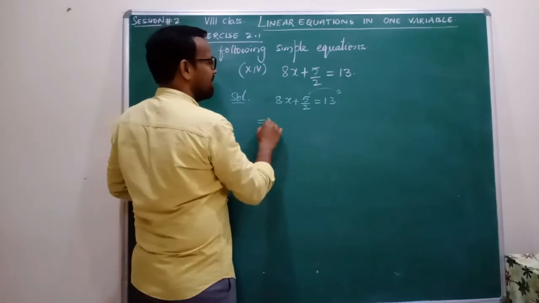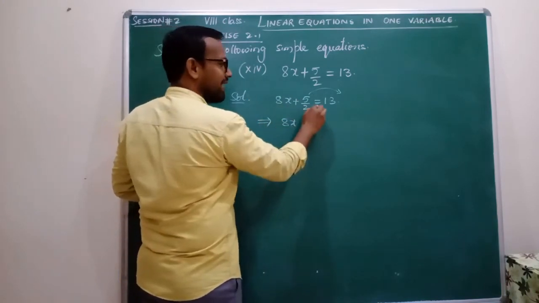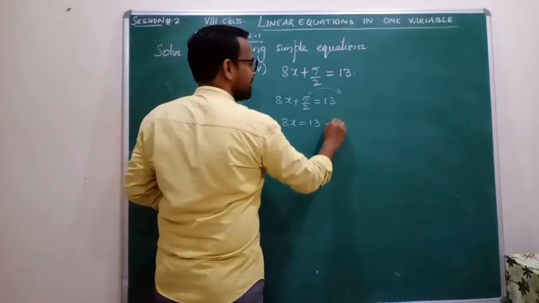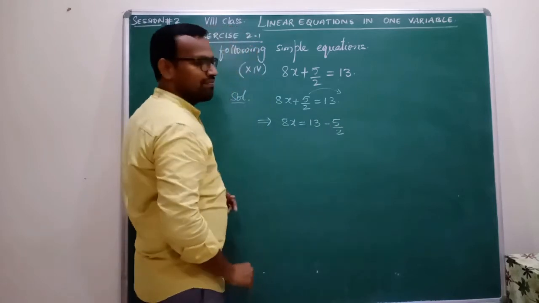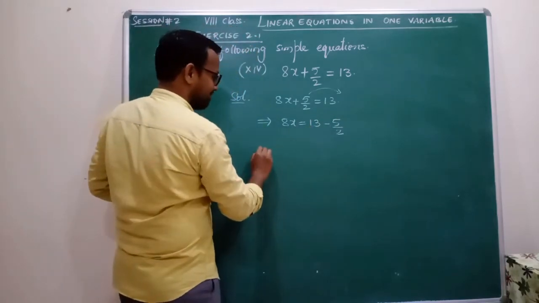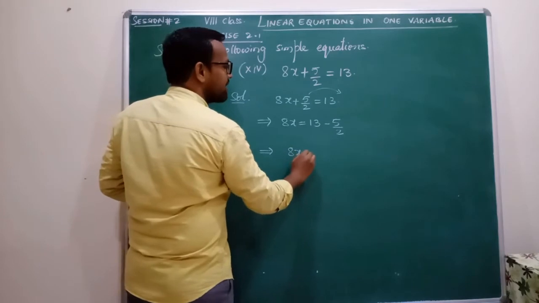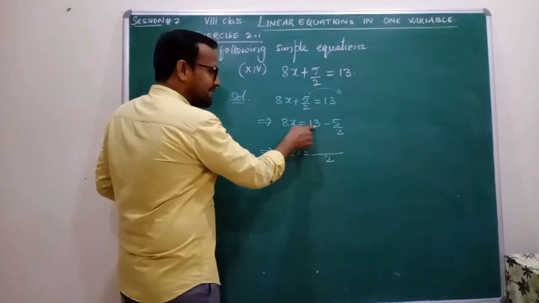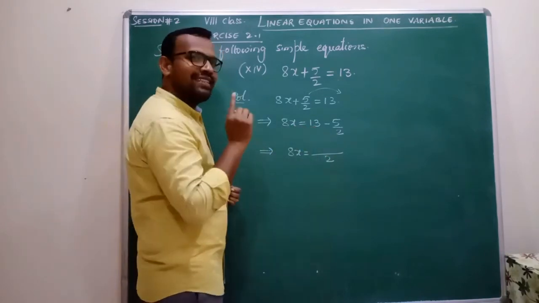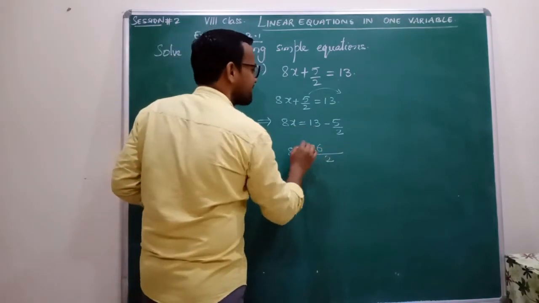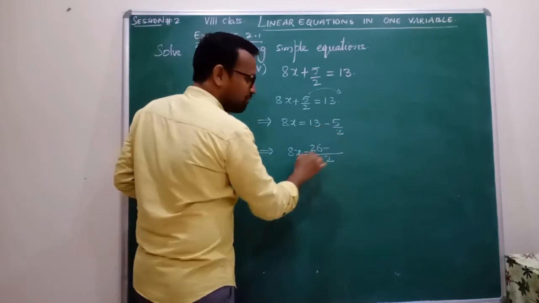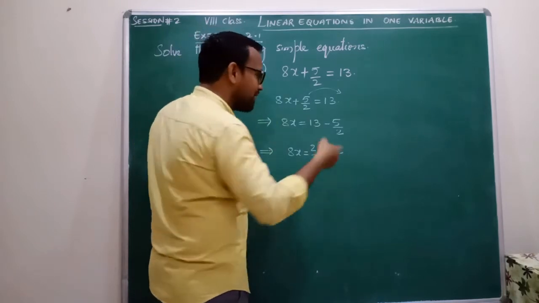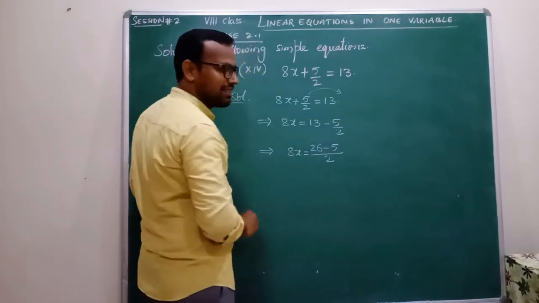Great. Let me write here 8x = 13, and this +5/2 on the other side becomes -5/2. Now, we need to simplify this. 8x = 13 - 5/2. 2 is the LCM, right? 13 twos are 26, minus 5, since 2 and 2 are the same. 2 goes into 2 one time, and 1 five is 5.